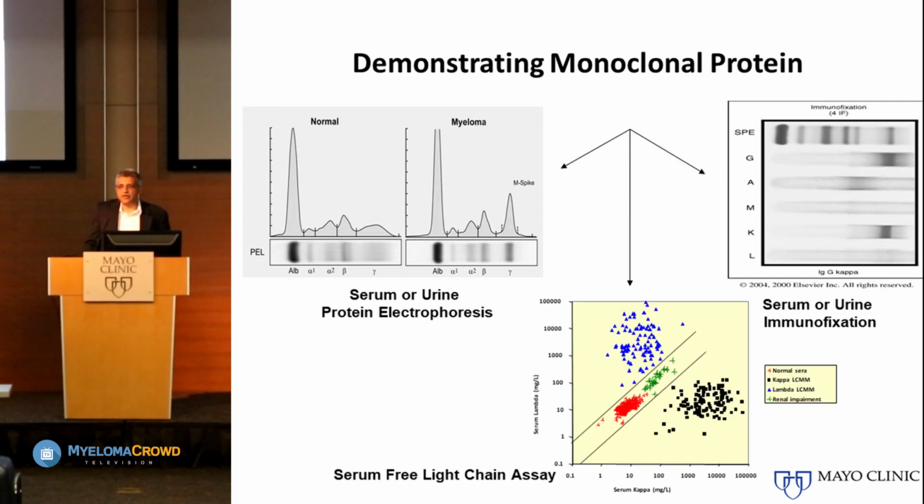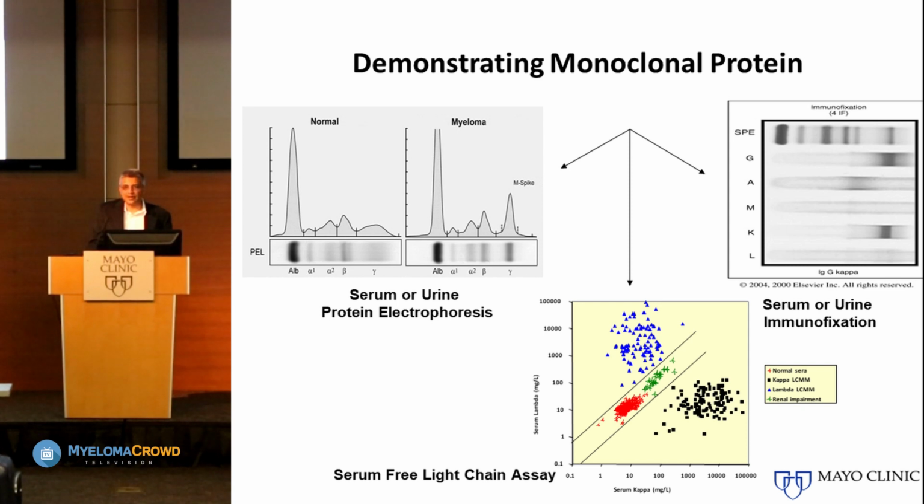Now, I just want to briefly talk about how we detect these proteins. I'm sure you all hear about the serum protein electrophoresis when you go into the clinic. What it essentially does is take the protein in your blood, or the blood sample that you give, and run it on what we call a gel electrophoresis, and this is what it looks like when you run it across the gel.